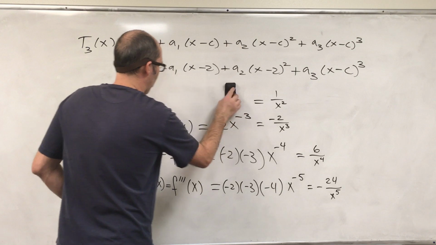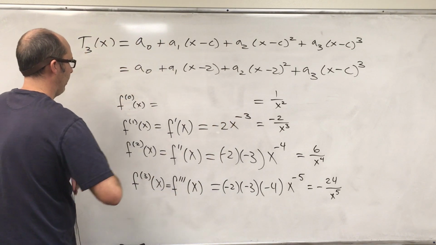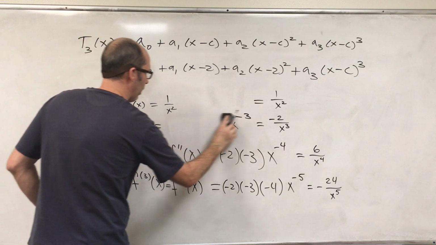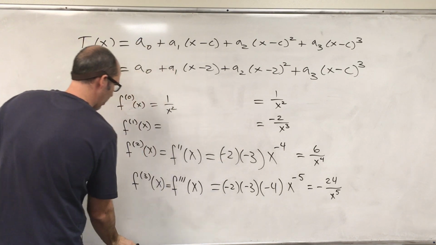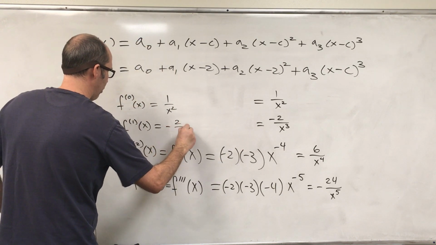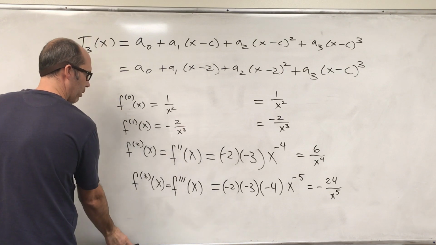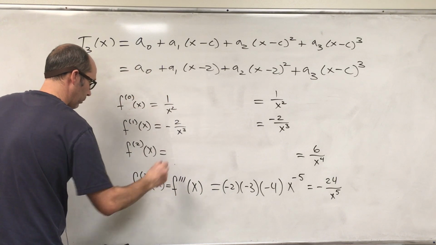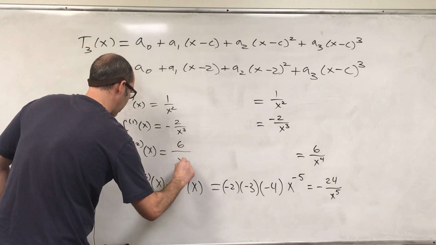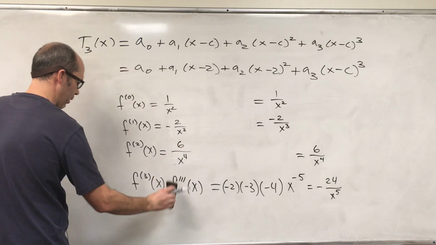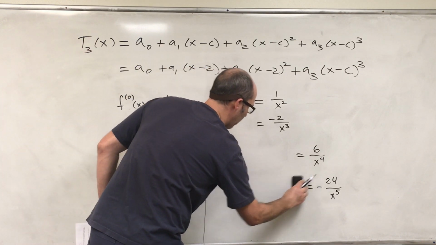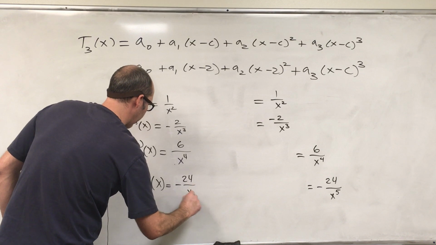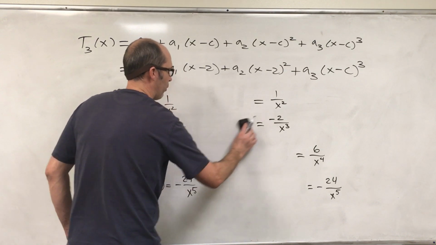We've got 1 over x squared, negative 2 over x cubed, 6 over x to the 4th, negative 24 over x to the 5th.